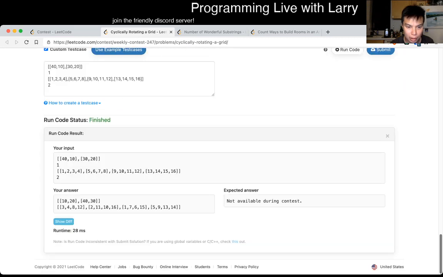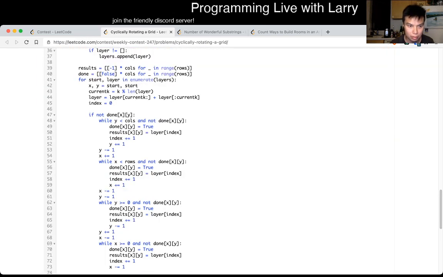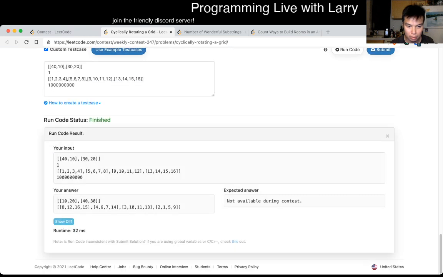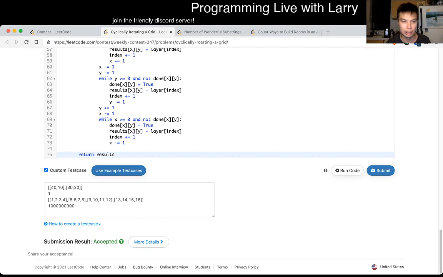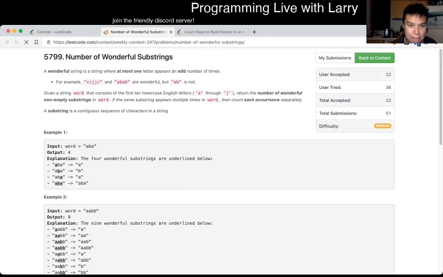It seems okay. Let's try it. It looks okay. Let's give it some time. Okay. I knew that was going to be a sloppy problem. What a mess of a problem.